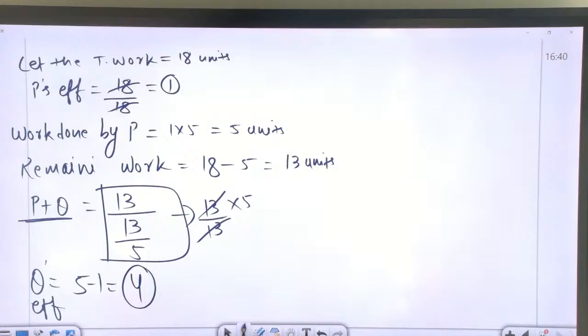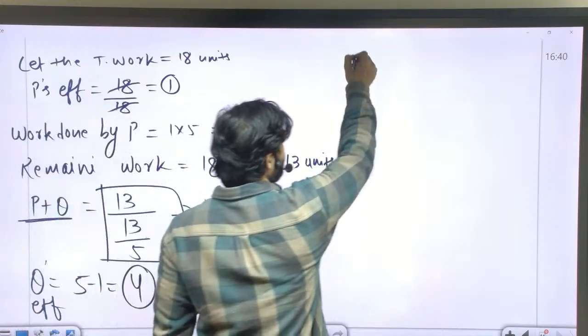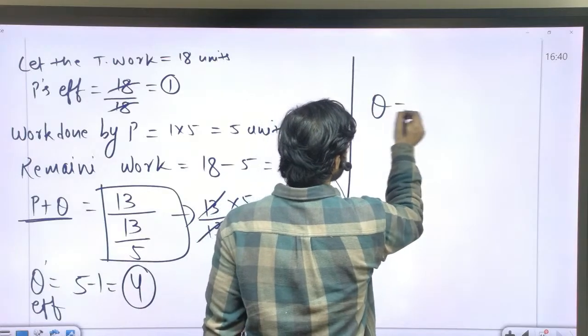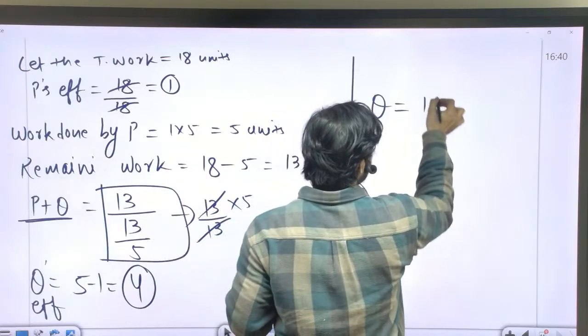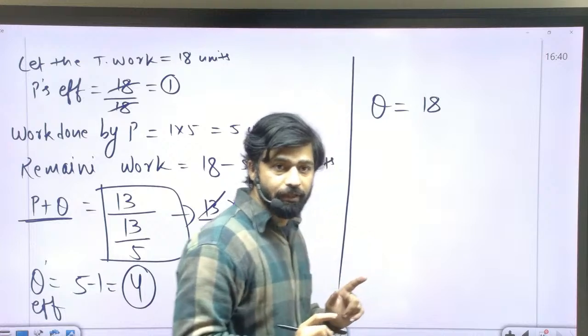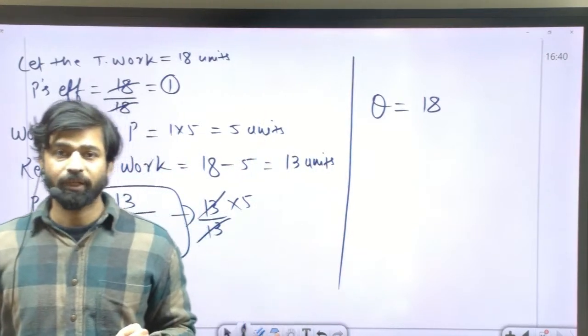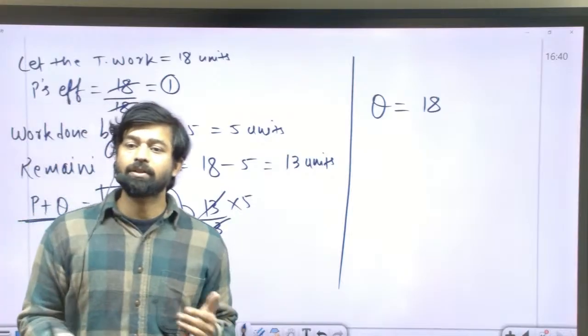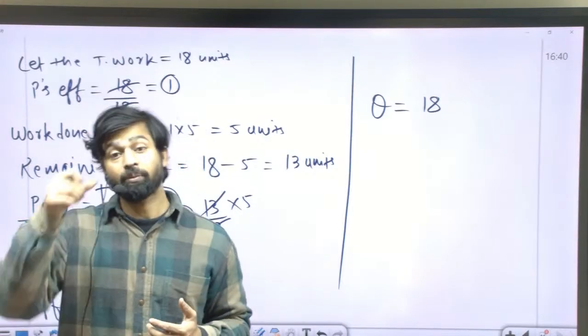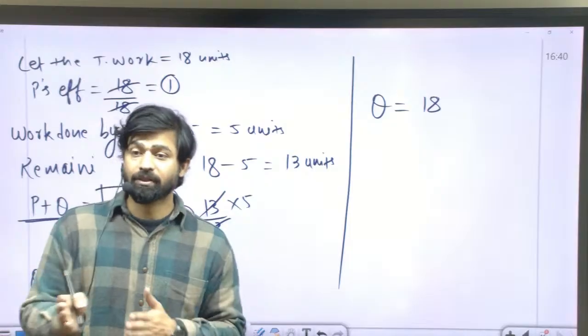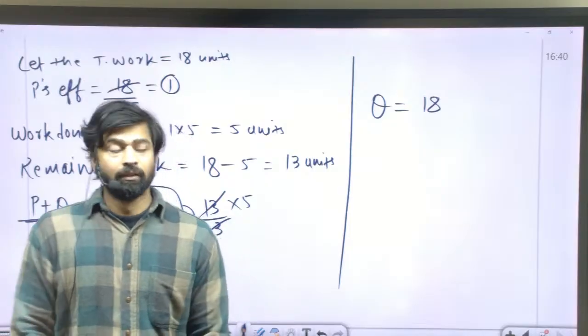Now, in how many days can Q alone finish 66 2/3 percent of the work? Total work was 18. What is the fraction of 66 2/3 percent? 33 1/3 percent is 1 by 3, so if you multiply it by 2 you get 66 2/3 percent, which is 2 by 3.